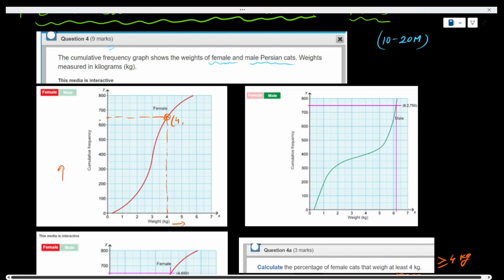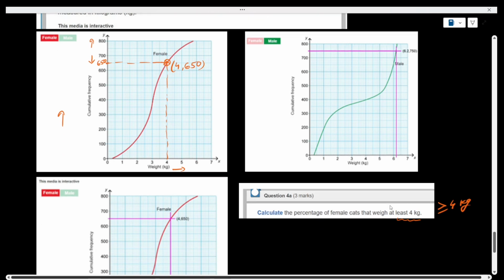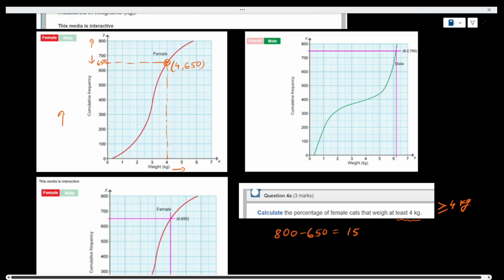For 4 kg, it is between 600 and 700, it is 650. That means all the female cats from 650 to 800 will weigh more than 4 kg. So 800 minus 650 is 150 cats having weight more than 4 kg.